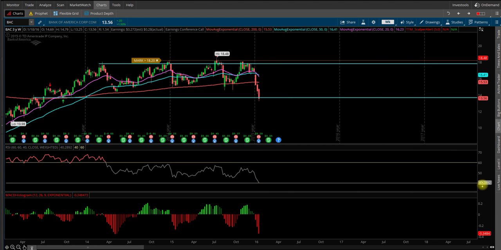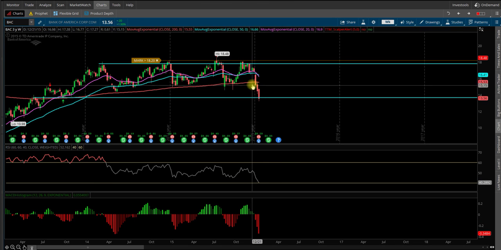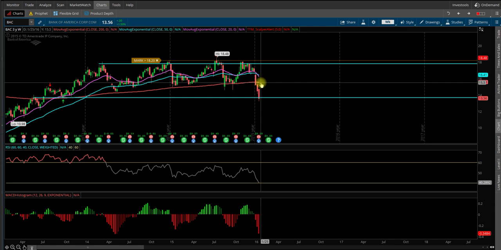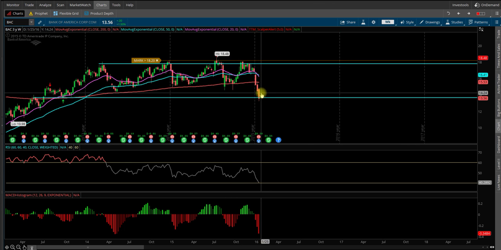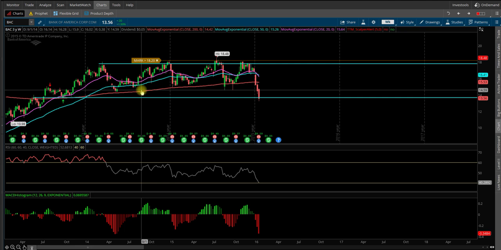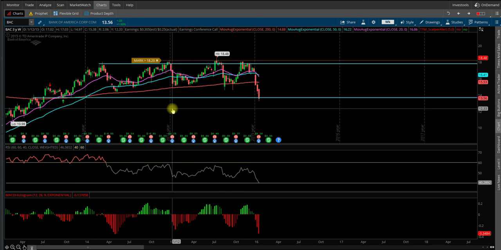It's barely holding up, the RSI at 40. The MACD is negative, and of course, this is under the 200-day moving average now. Pretty big. It hasn't broken down this moving average and stayed below it for almost 2.5 years. So in 2.5 years, it has not done this.